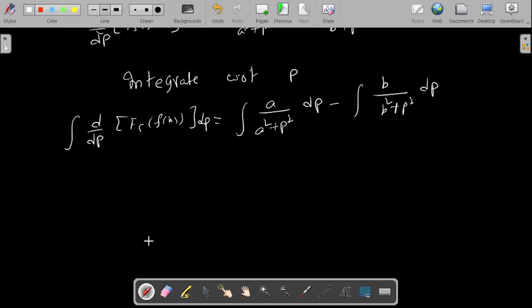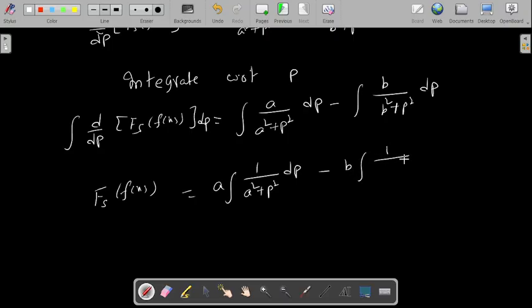So now integration and differentiation cancel. Fs of f of x is equal to a into integral 1 by a square plus p square dp minus b into integral 1 by b square plus p square dp.